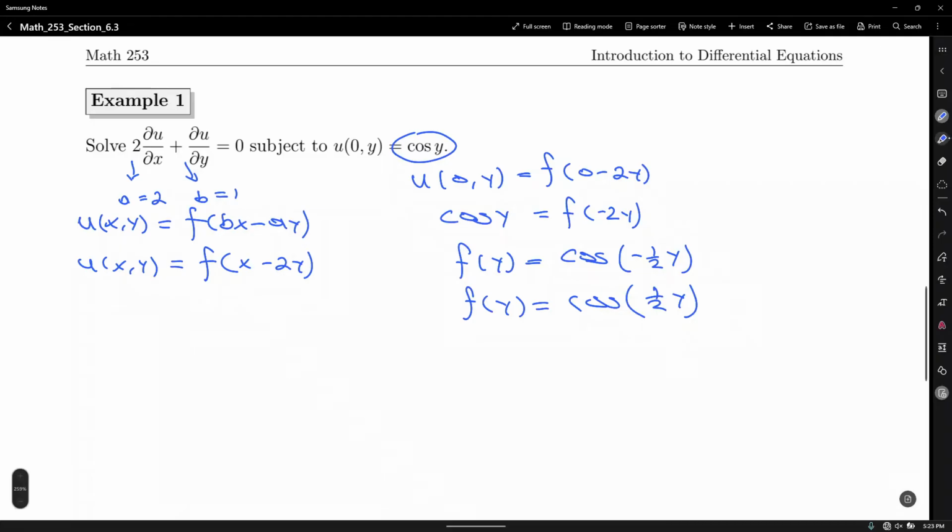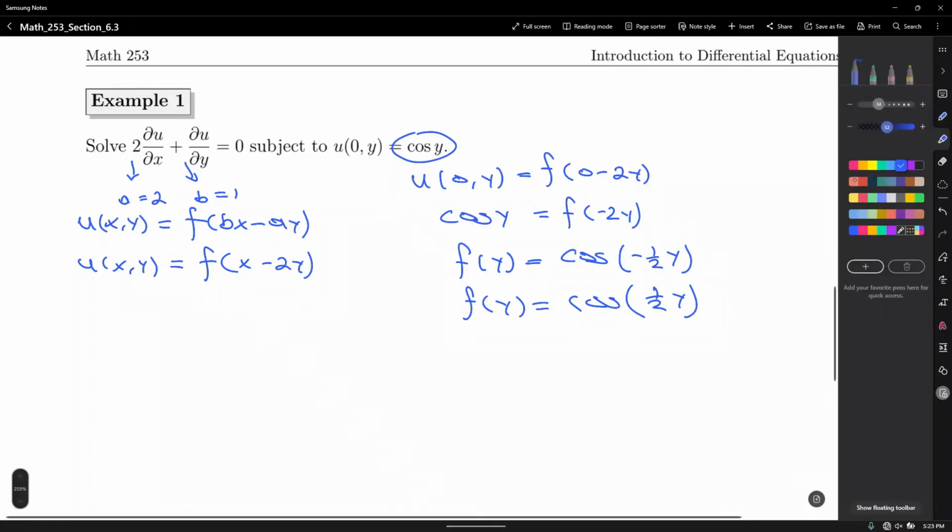Okay, check this out, guys. Isn't the solution to the equation a function of bx minus ay? All right. So replace every instance of y with bx minus ay, right? Well, not bx, I mean the actual form, x minus 2y instead.